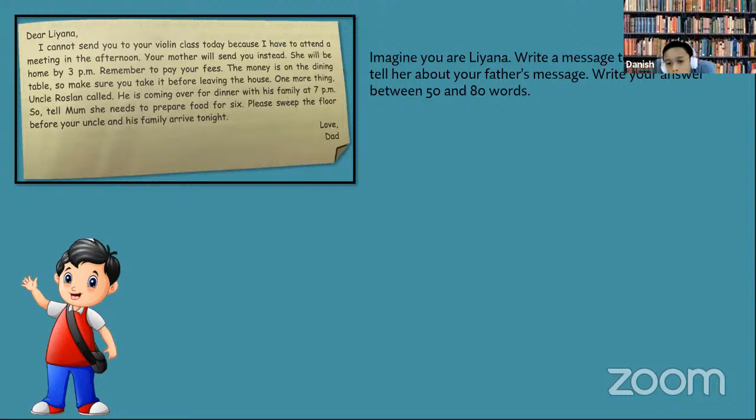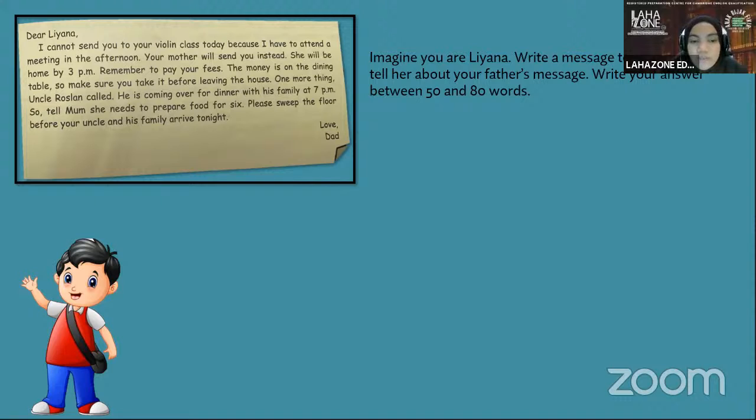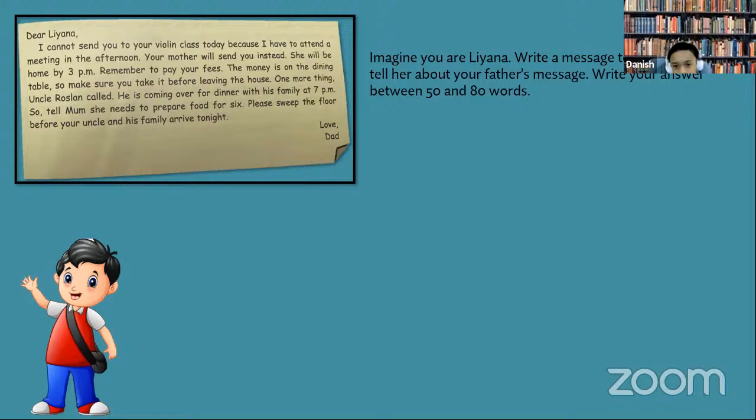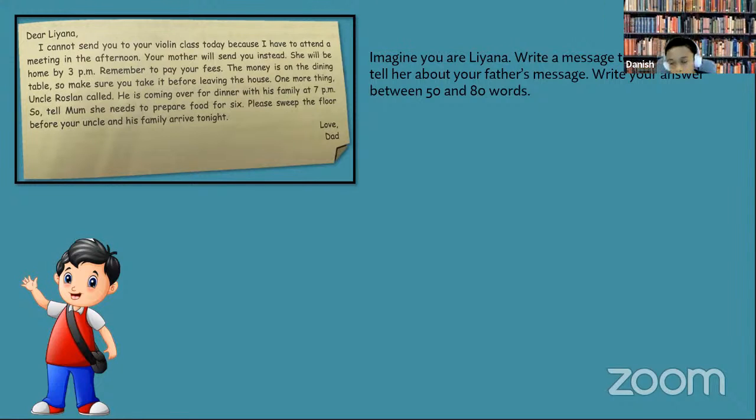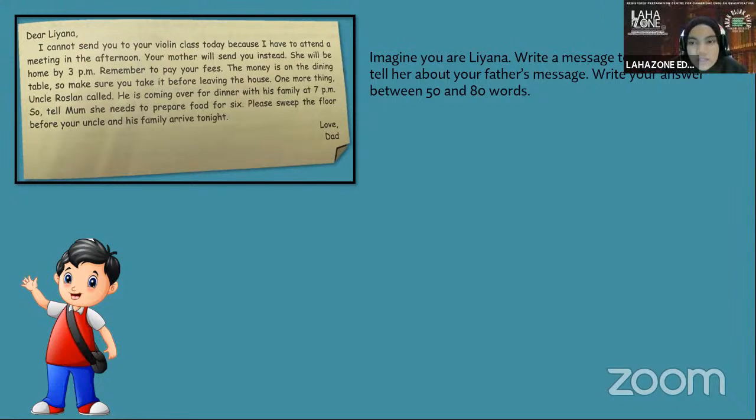You are Liana now, and what do you have to do? Give message. You have to give a message to who? To mother. Nak bagi message dekat mak kita. Okay, you want to write a message to your mother about what? About father's message.